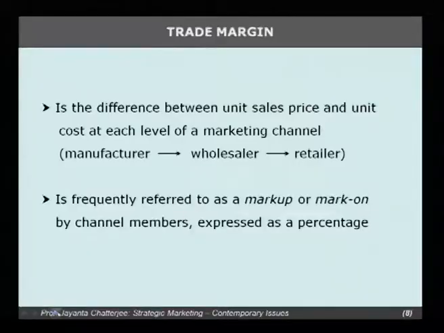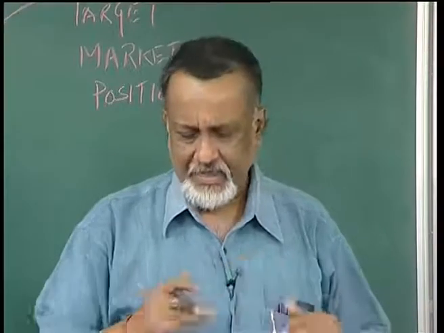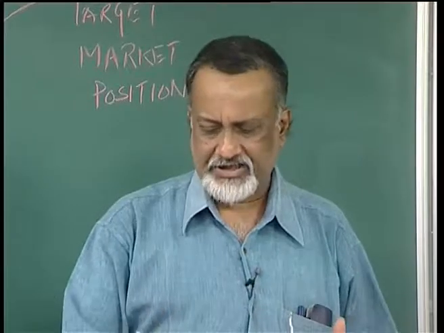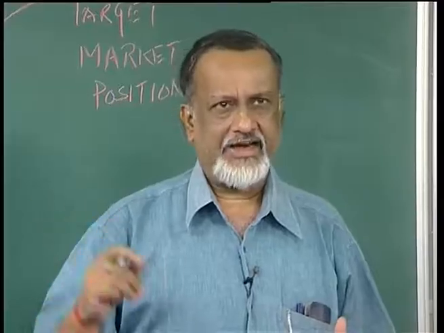Trade margin is the difference between the unit sales price and the unit cost at each level of a marketing channel. As you know, most fast moving consumer goods like soap, toothpaste or shampoo go from manufacturer to the wholesaler to the retailer.